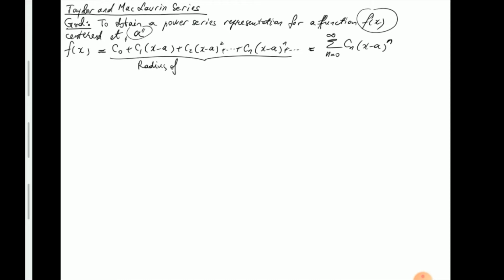That radius of convergence, the larger the better, is going to be either a real number or maybe infinity, and typically the convergence will be if x is between a minus r and a plus r. So remember, radius of convergence means that the power series converges if the absolute value of x minus a is strictly less than r. Or without the absolute value, you can write that inequality in this more expanded form.